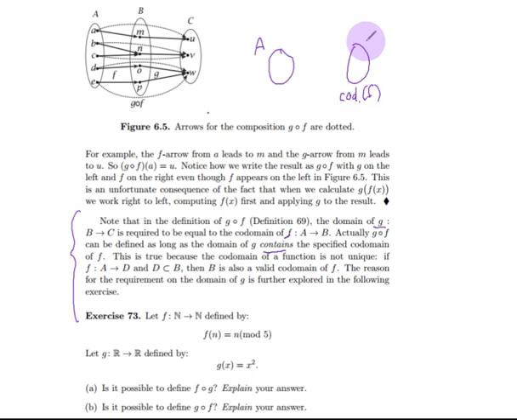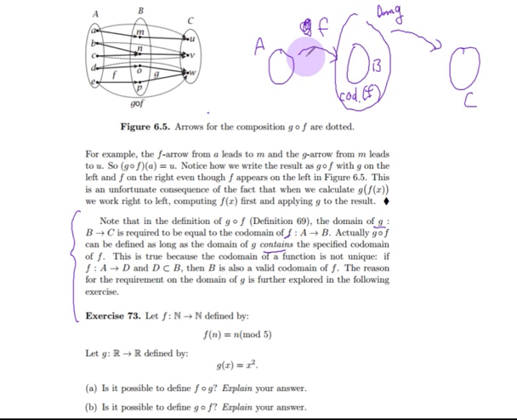I'll call that A, I'll call that B. And I'm going to have f going between A and B. And I have another set C. Now, if I have g, as long as the domain of g contains this codomain, then I can define g composed f, because any element a in here goes to b in here, and because the domain of g contains the codomain of f, I can also define g of this element. Okay, so that's the point here.